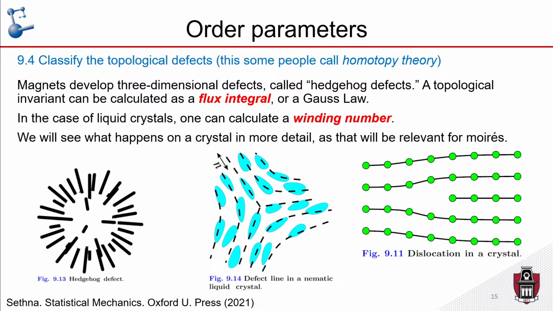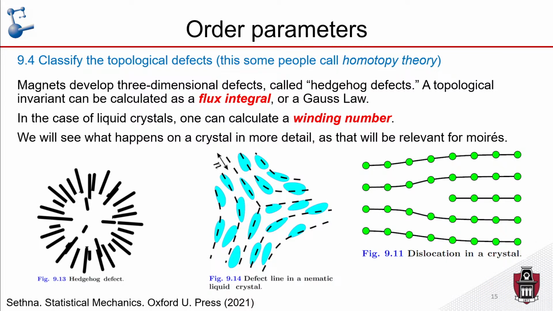Sedna says that in the case of magnets, the most prominent defect is what's known as a hedgehog. And it kind of looks like the electric charge onto a sphere. This is a magnetic one.